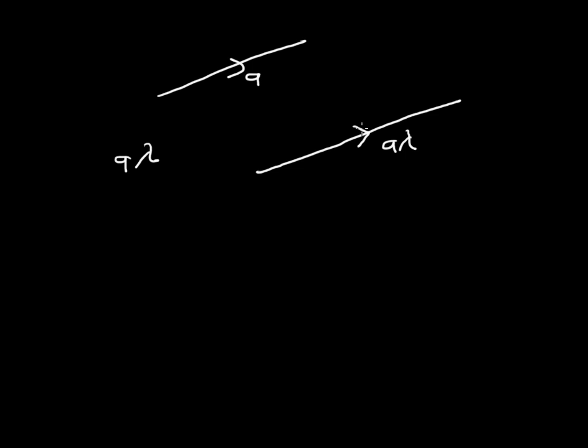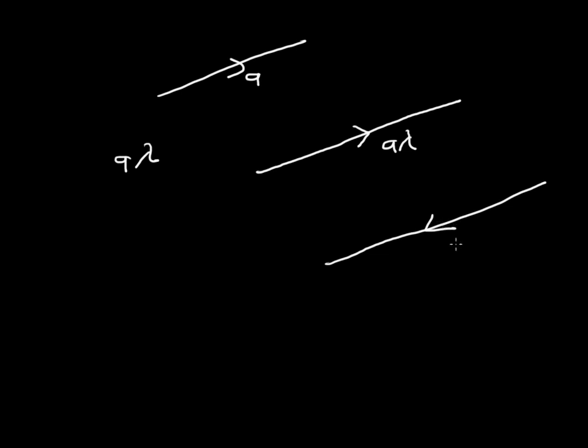Now, the reason why this direction is also the same as this direction is because we put a caveat at the beginning, and that is provided lambda is a positive number. Now, lambda can also be a negative number. And when lambda is a negative number, I'm sure you know what I'm about to do.